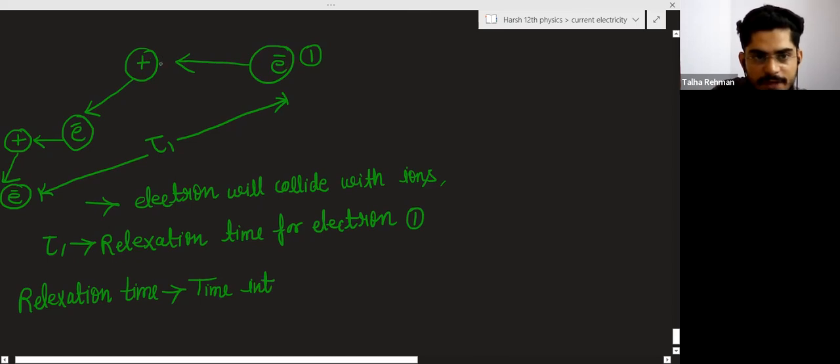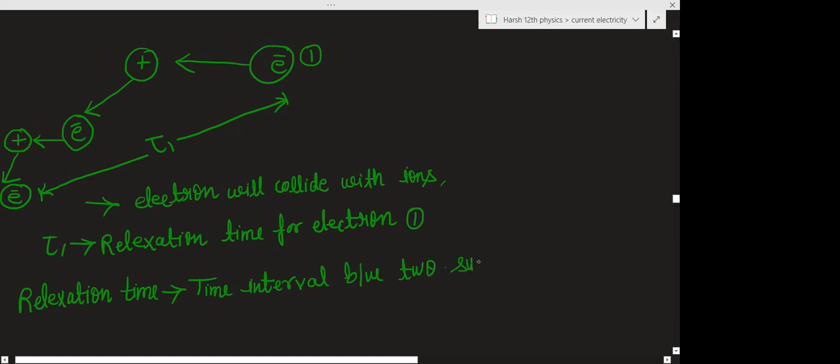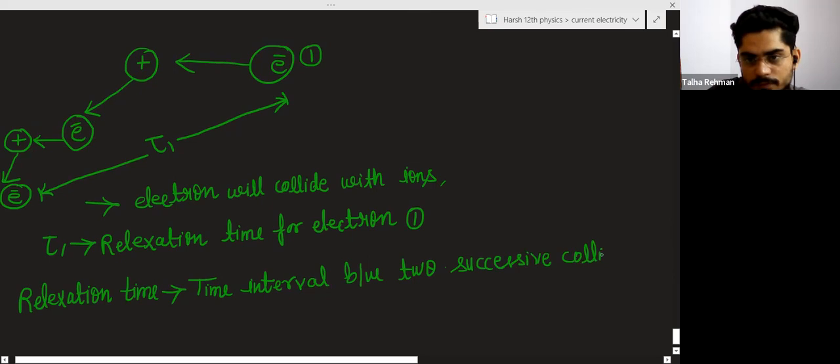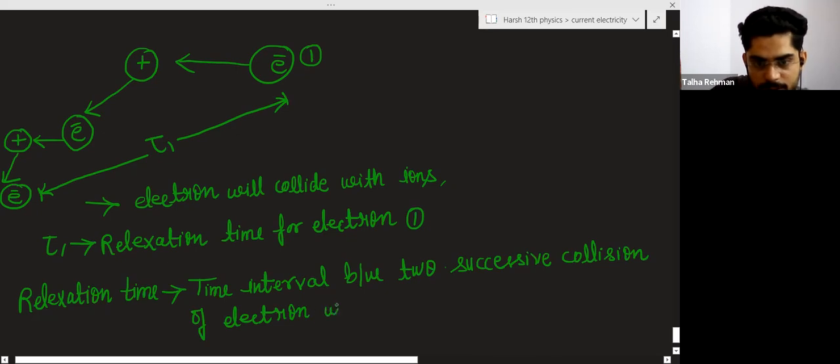One collision here, then the electron goes in this direction, and due to the force it goes in this direction, and then this is the second collision.